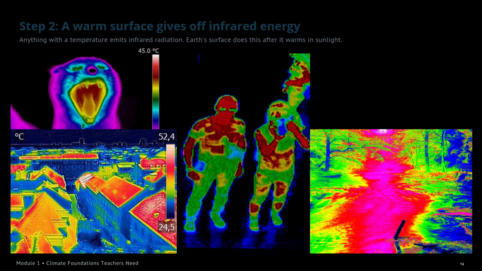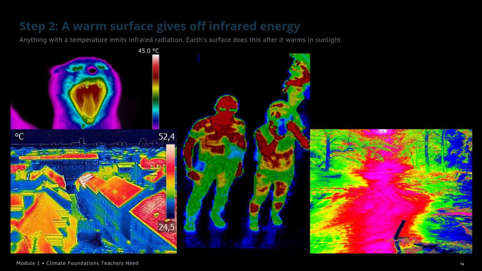Step two: the sun's rays come in as shortwave, but once the Earth's surface warms, it gives that energy back as infrared energy. Anything with a temperature gives off infrared radiation. That includes the ground, the ocean, buildings, roads, and even us.